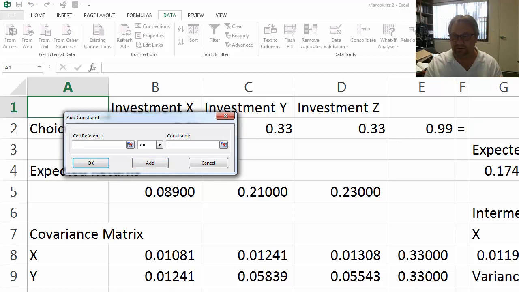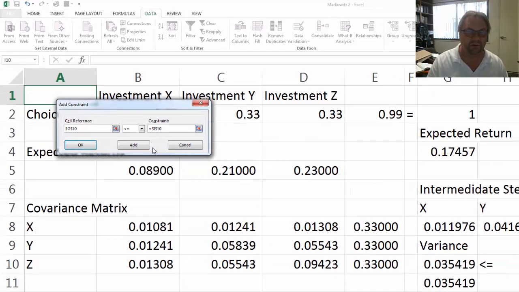And then my variance has to be less than or equal to some number. Again, you're talking to the client about how much risk they want to take, or you maybe have a way to figure out the risk tolerance for your client. That's what you would plug in here.